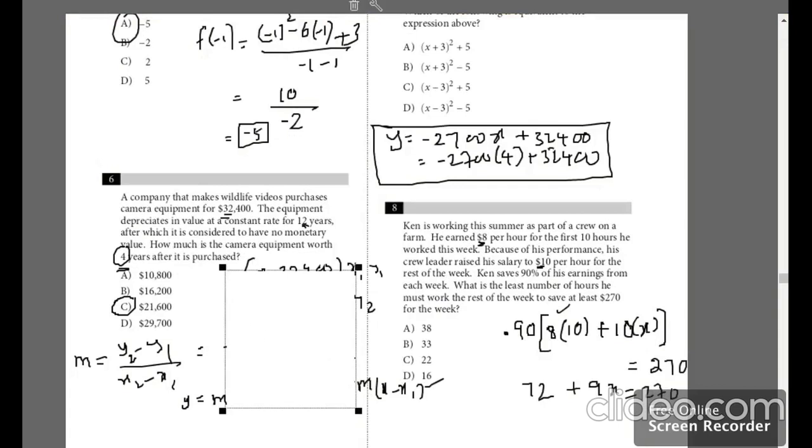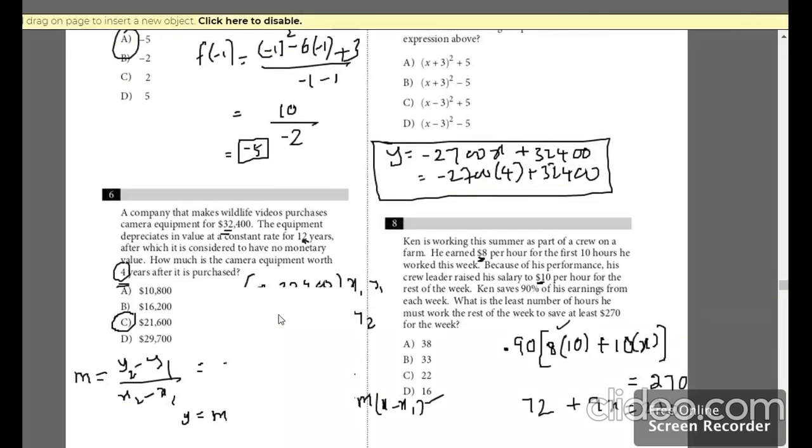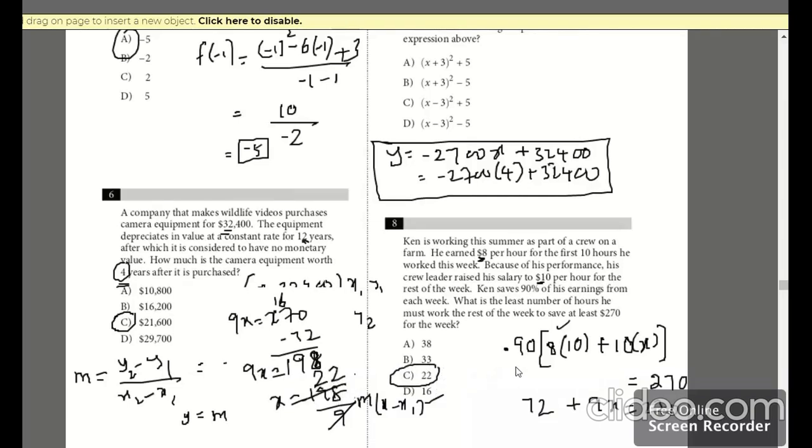So 9x is equal to 270 minus 72. So this will give us 16 minus 7, so this will give us 10 minus 2, that is 8, 9 and 1. So 9x is equal to that, x is equal to 198 over 9, 9 twos are, and then 9 twos are. So the answer is going to be C.